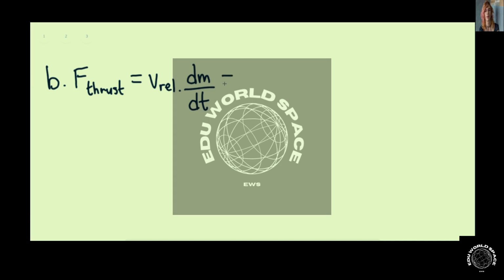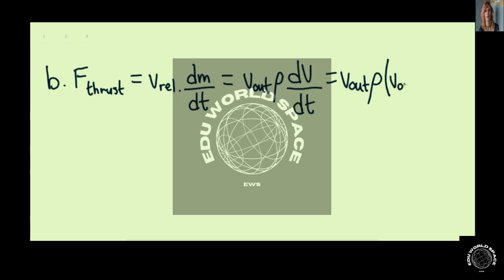And so this would equal V out multiplied by the density rho times the change in volume with respect to time, or the volumetric flow rate. And so this would equal V out times rho, and then for the volumetric flow rate, we simply use V out times the cross-sectional area just outside the exit orifice.